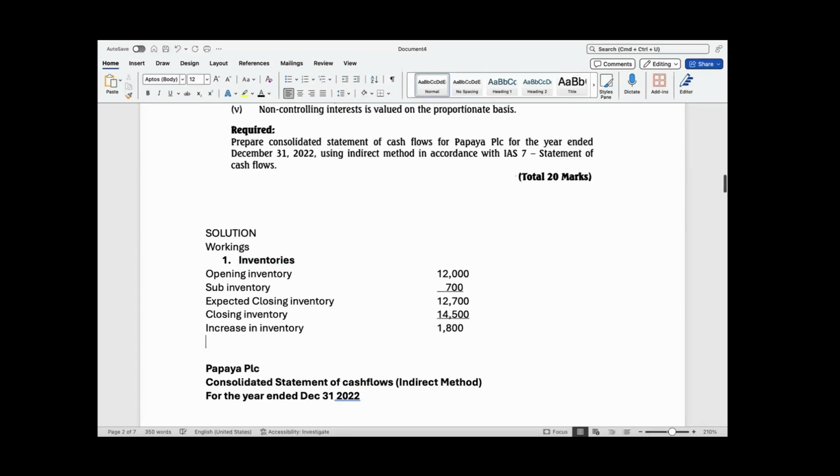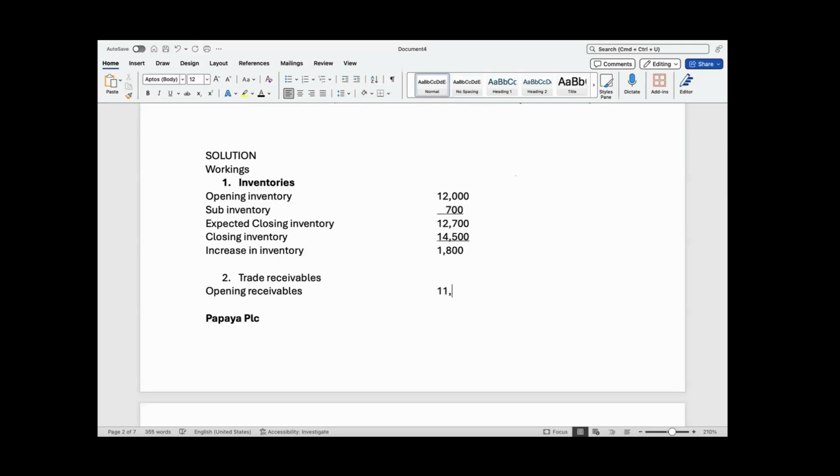So the next one is trade receivables. What's my opening receivables? 11,000. What's the subsidiary receivables? 300. What's the expected receivables? 11,300.